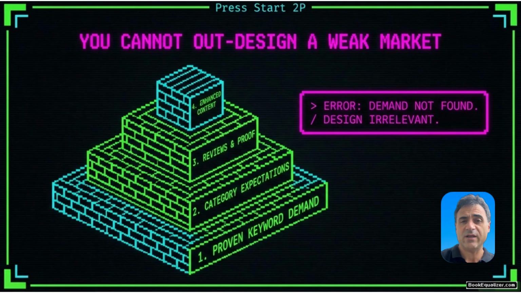You cannot out-design a weak market. This is critical. Look at this foundation pyramid. At the very bottom, the foundation of everything is proven keyword demand. Without search volume, without buyer intent, design becomes irrelevant. Error, demand not found, design irrelevant. Next layer up, category expectations. Your buyers have been conditioned by what they've already seen.